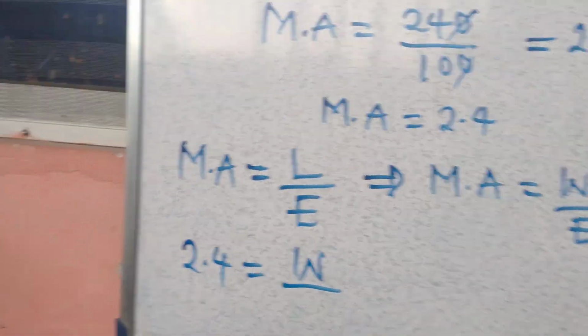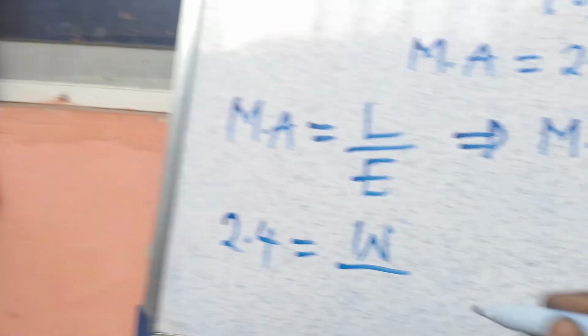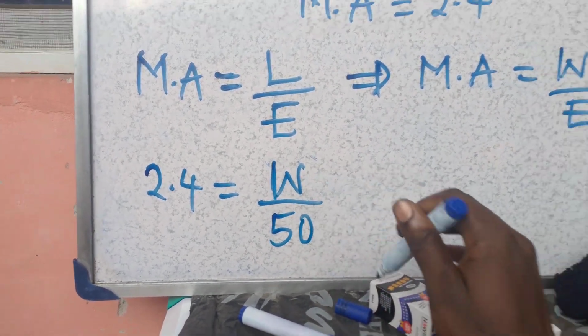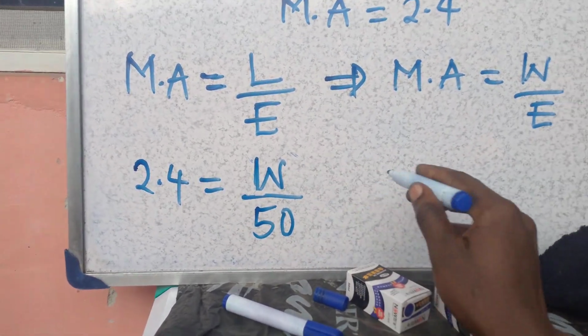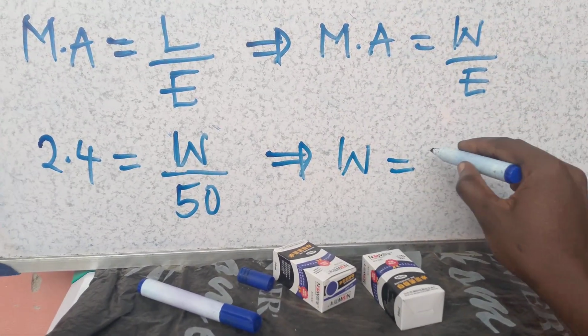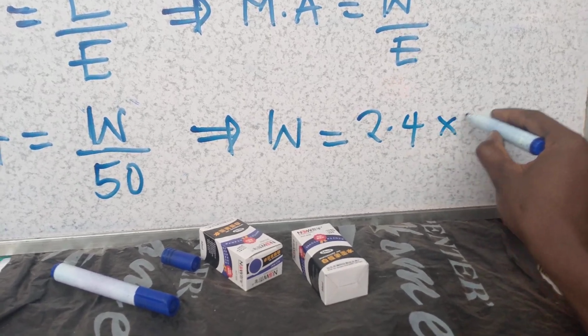The effort was given to us as 50 Newton. So when I cross multiply now, I'll have W is equal to 2.4 multiplied by 50.